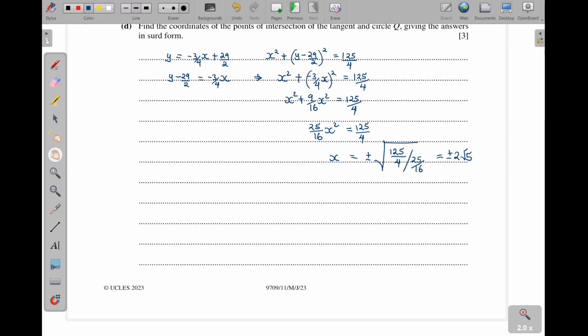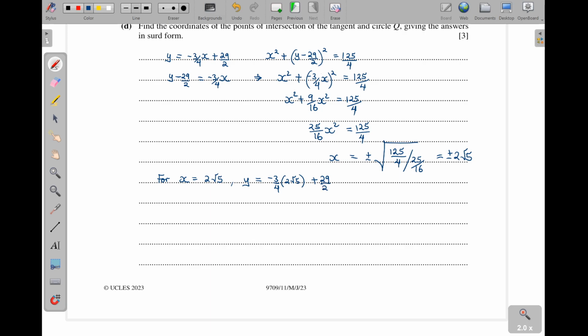Now, for x equal to 2 root 5, then what is y? I can substitute maybe here. So that will be negative 3 over 4, then times 2 root 5, then plus 29 over 2.